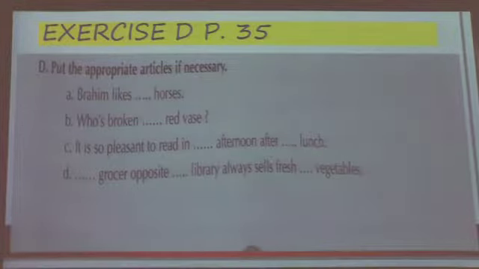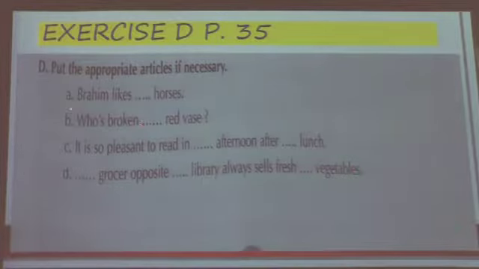So the grocer is the shop from where we buy groceries. For example, if you want to buy tea, coffee, sugar, oil, you go to the grocer. Opposite, next to, in front of, opposite. Library always sells fresh vegetables, okay?